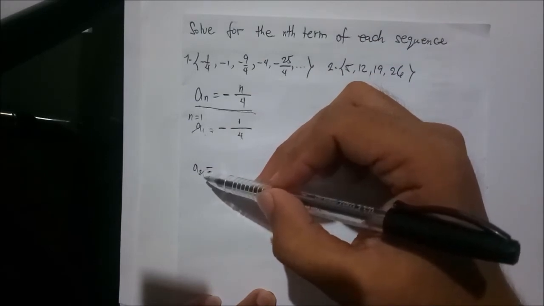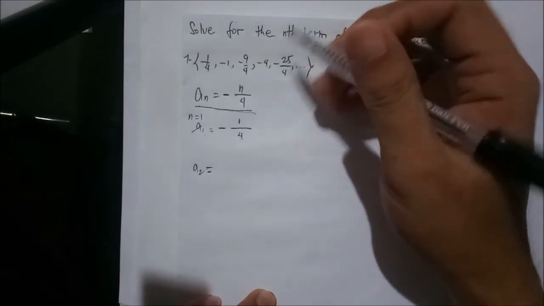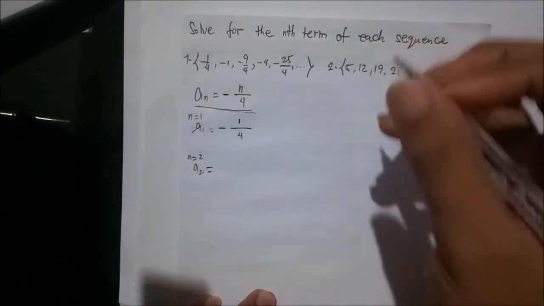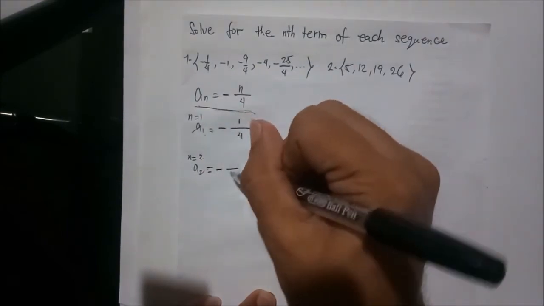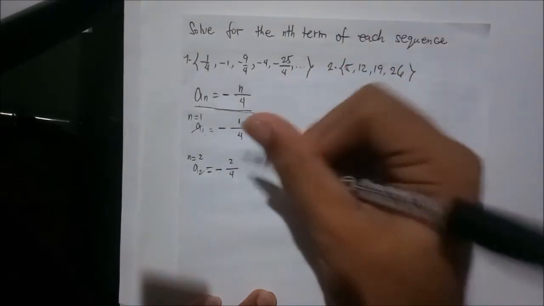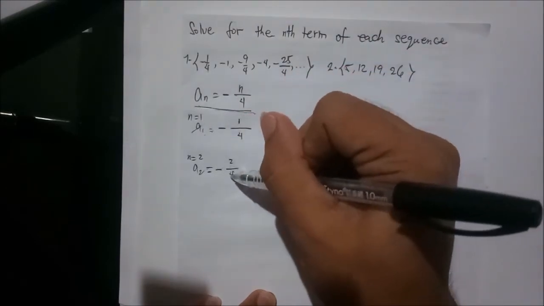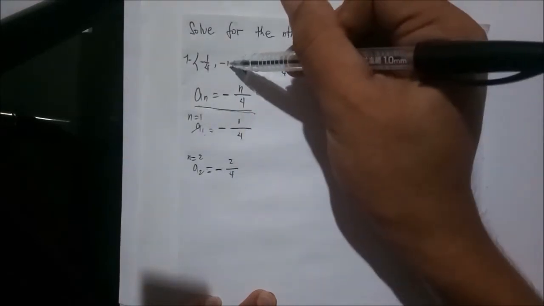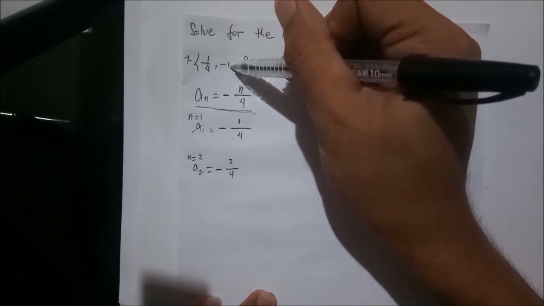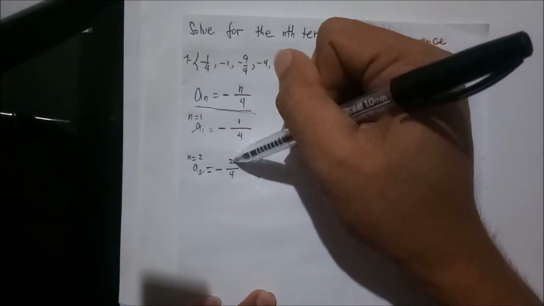Let's try if it is correct. So n is equal to 2, negative 2 over 4. From the given, it is negative 1, so it's not correct.